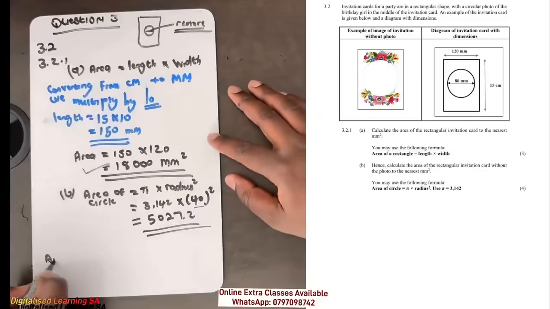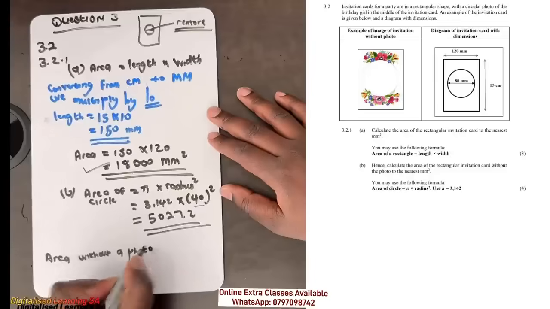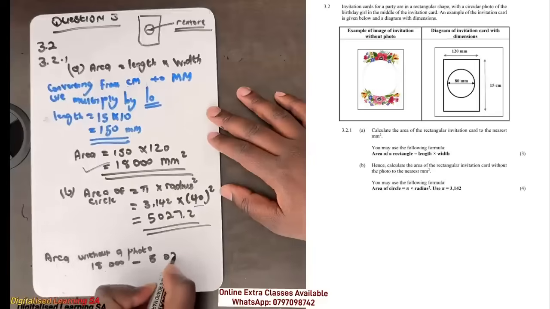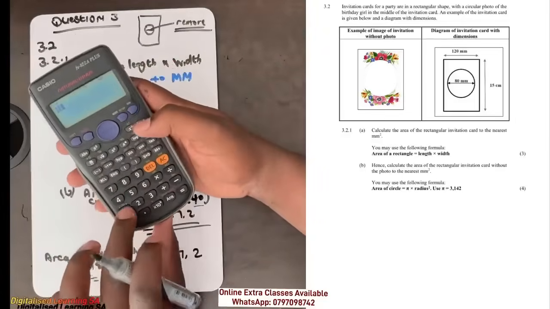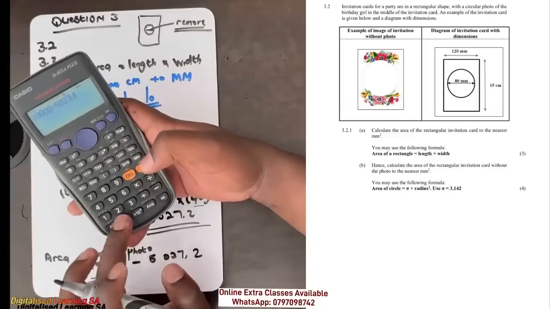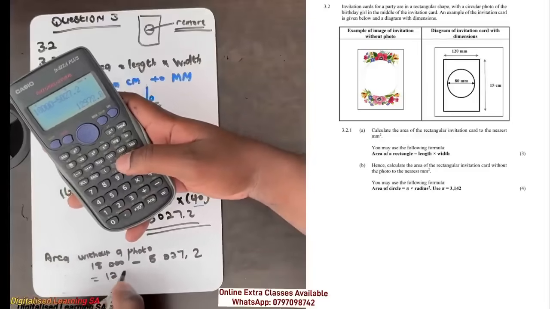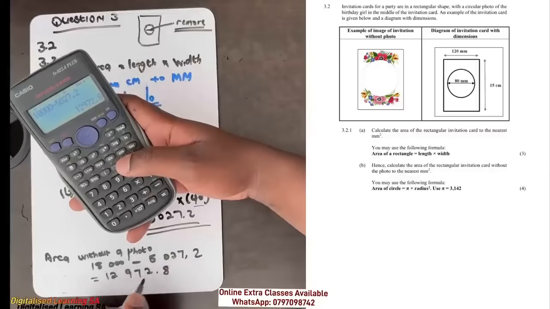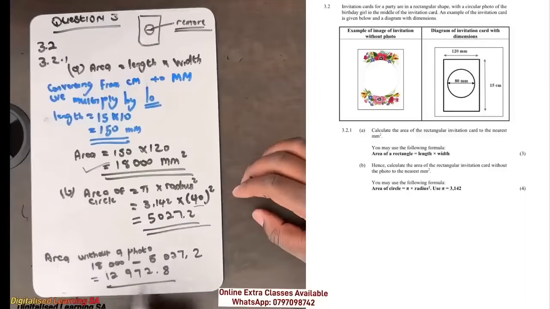So now we need to calculate the area without the photo. We'll say 18,000 minus 5027.2, and our answer will be 12,972.8. Okay, and that's our final answer.